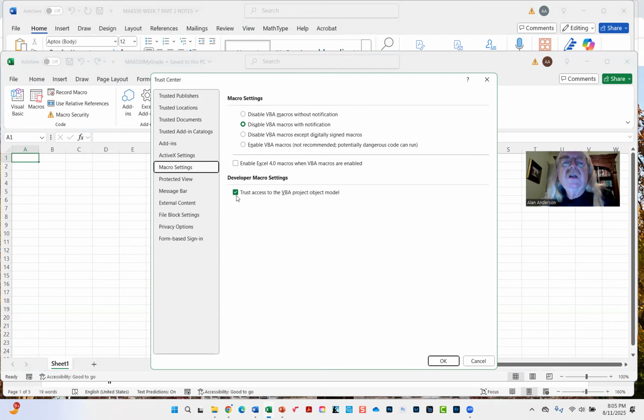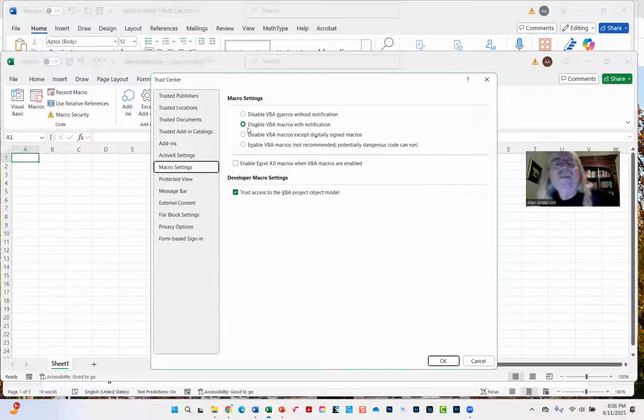So the first thing you have to do is click on Trust Access to the VBA Project Object Model. And then your safest bet up here is to say disable VBA macros with notification, which means if it sees a macro, which remember is a subroutine, it will try to stop it from running, but it will ask you what you want to do about it.